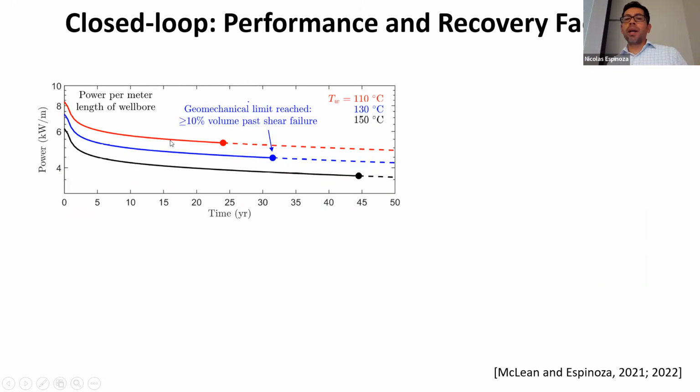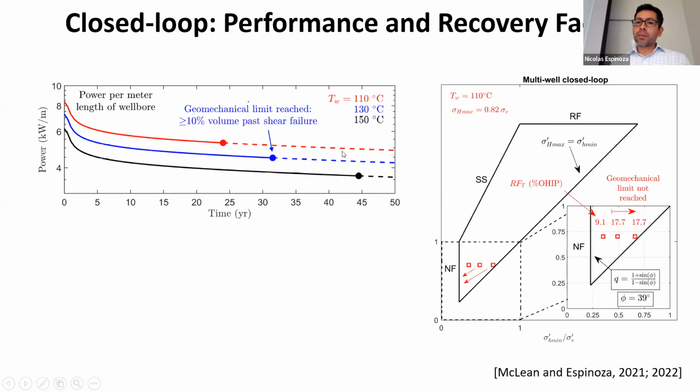That makes sense, right? But also, the shorter is going to be your time to achieve this induced microseismicity or reactivation of natural fractures, because you're cooling the rock faster. So if this happens to be a limit for your operation, that's something that you have to consider too.